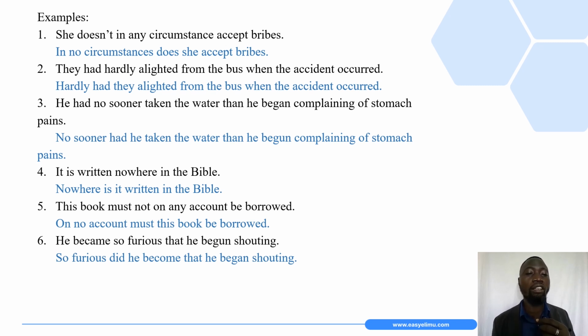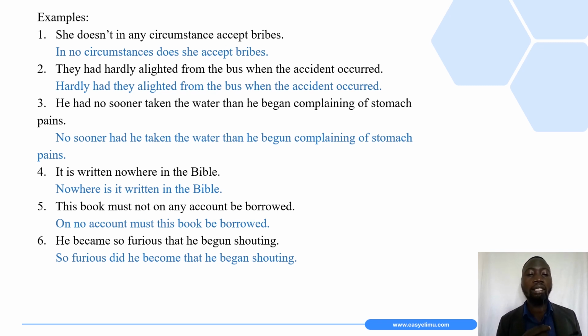The inversion is, hardly had they alighted from the bus when the accident occurred. The next example, he had no sooner taken the water than he began complaining of stomach pains. The inversion is, no sooner had he taken the water than he began complaining of stomach pains. The next example, it is written nowhere in the Bible. The inversion of that, nowhere is it written in the Bible.